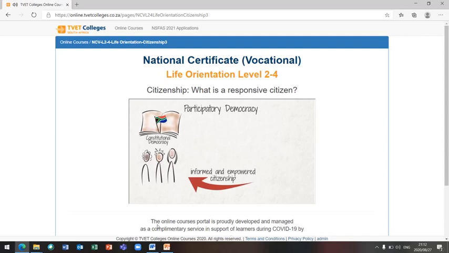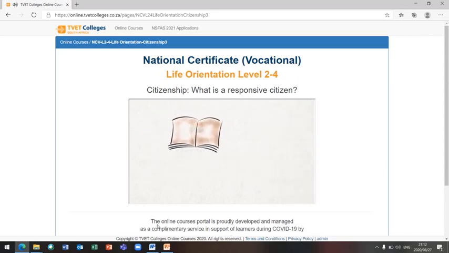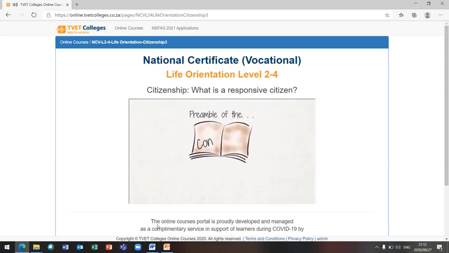Thus, participatory democracy means that citizens have not only the right to vote in national, provincial, or local government elections, but also to ongoing and regular interaction with the institutions and the elected people that represent them. This is reflected in the preamble of our Constitution, which states that our Constitution lays the foundations for a democratic and open society in which government is based on the will of the people.